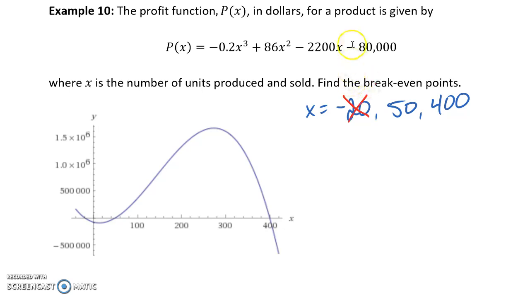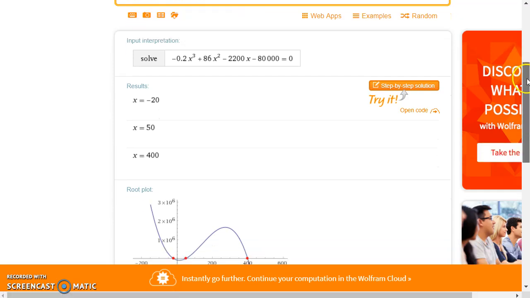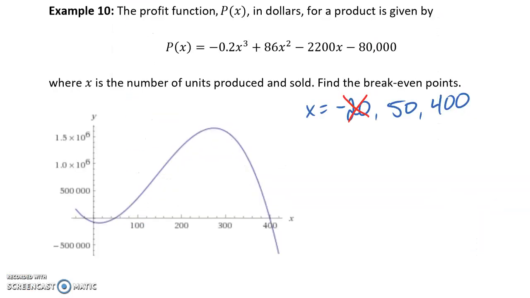We could look at this graphically. Wolfram Alpha will output that graph for us, which I've also included here. We can see that this value of -20 is a legitimate value. It's a point where the function would intersect the x-axis. But since we're in negative x values, that doesn't intuitively make sense with our problem.